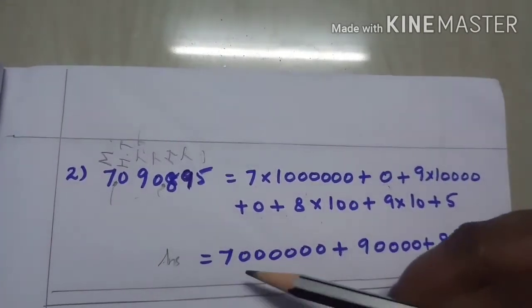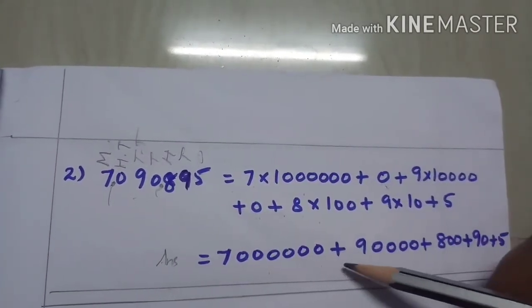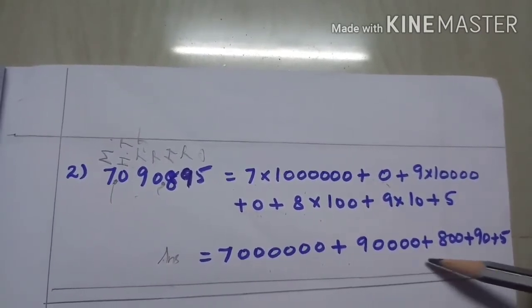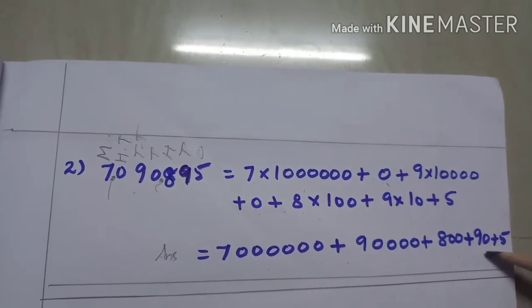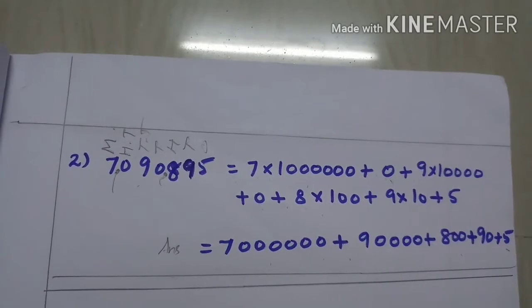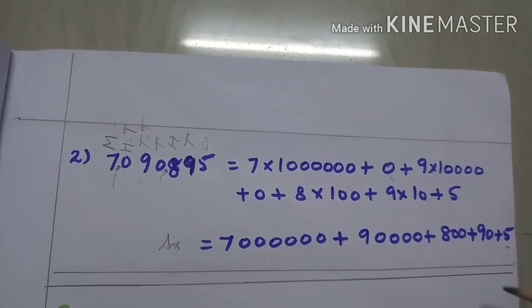So that is equal to 7 million plus 90,000 plus 800 plus 90 plus 5. So easily you can write the expanded form.